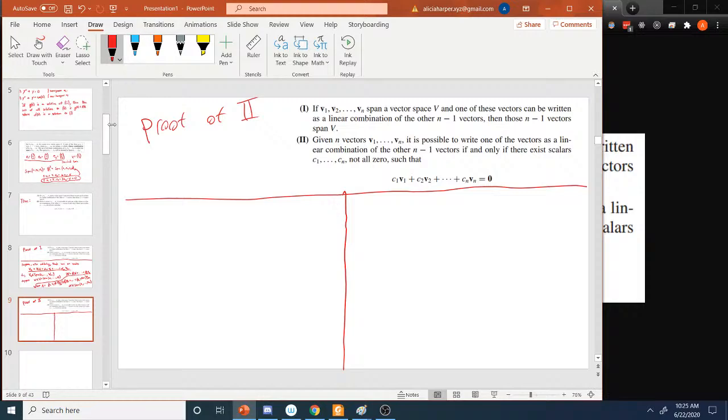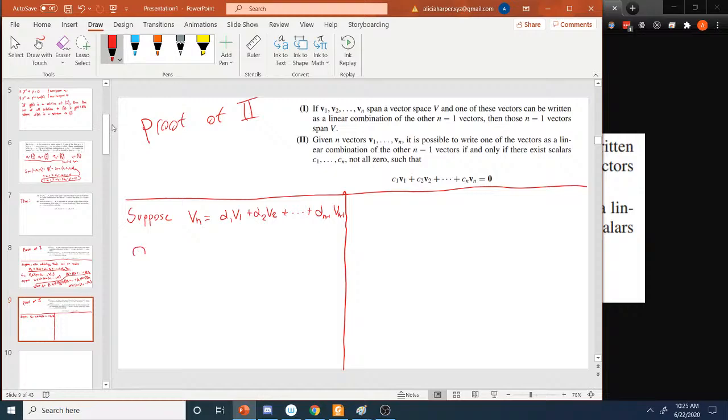So here's what we learn. Suppose that we can write, as before, after possibly relabeling, Vn as alpha 1 times V1 plus alpha 2 times V2 plus and so on, alpha n minus 1 times Vn minus 1.